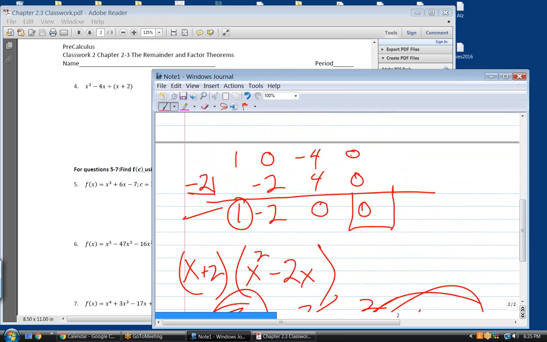I think that this 0 was necessary, and it's this 0 that tells you that that factor was indeed a factor. In other words, there's no remainder left over. If there's no remainder left over, then that's a factor.